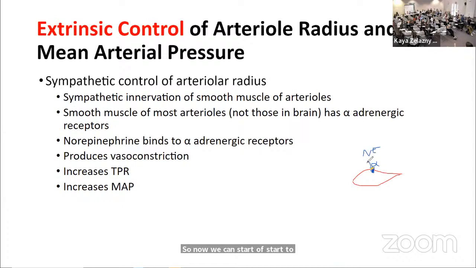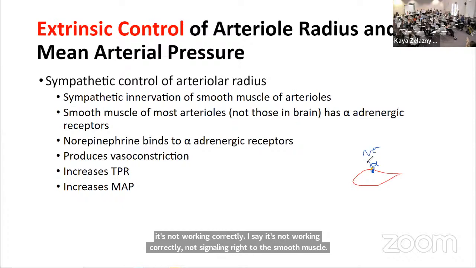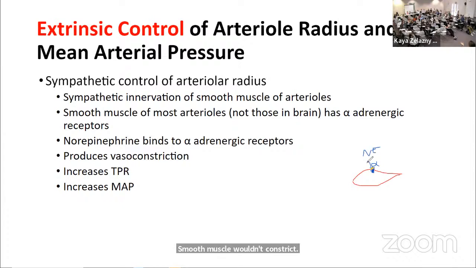If you have a sympathetic nerve that's not working correctly, not signaling right to the smooth muscle, the smooth muscle wouldn't constrict when that nerve gives out its norepinephrine, or doesn't give it out, which means you can't vasoconstrict, which means you can't raise the blood pressure when it drops.